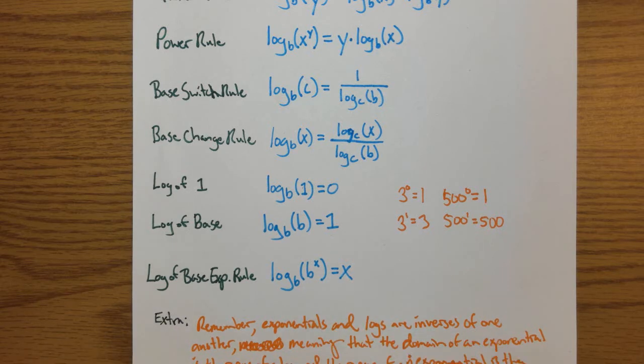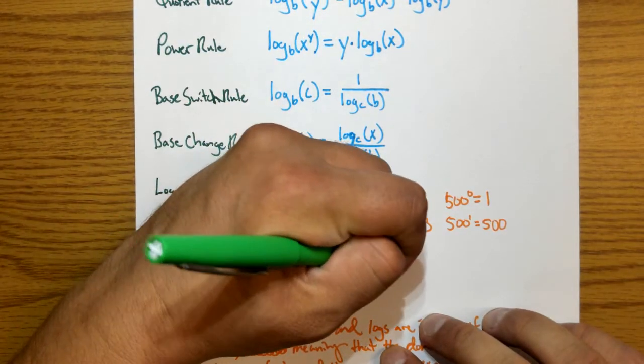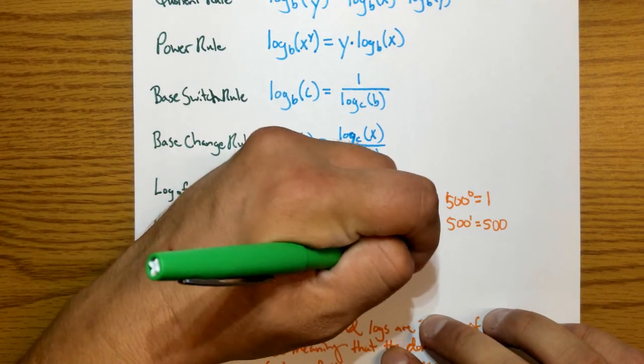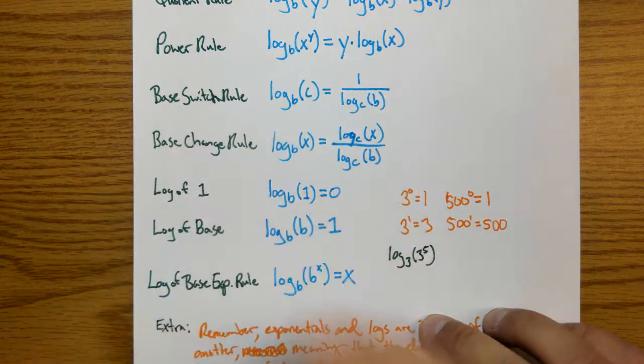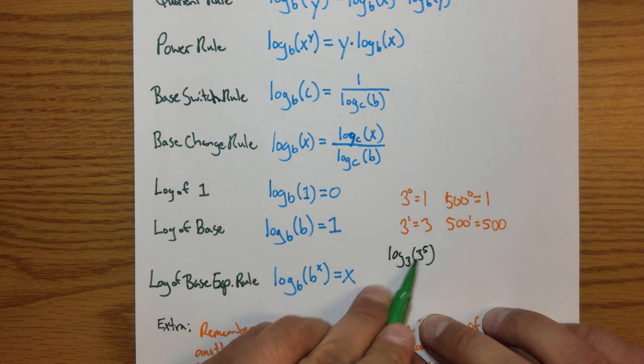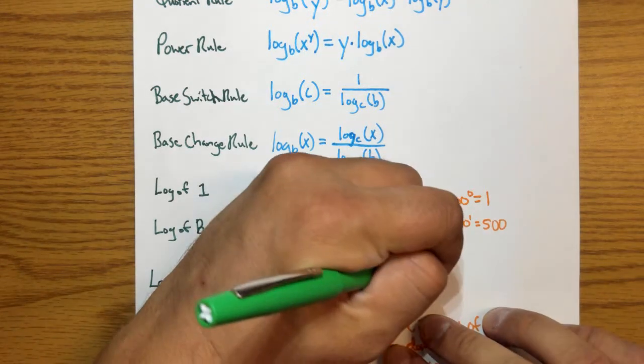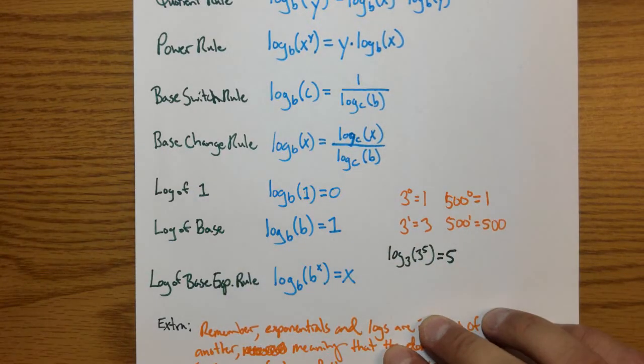So say we have log base 3 of 3 to the 5th power. Notice that the base is the same as the number here, and that number is raised to the 5th power. The answer is just going to be 5.